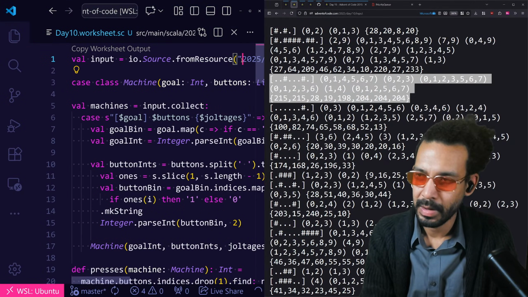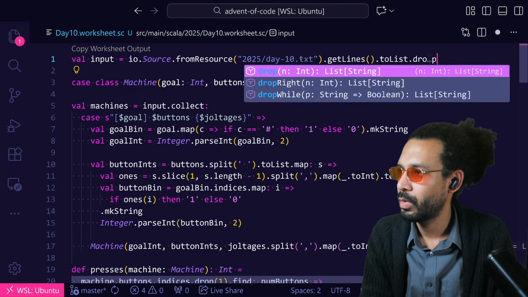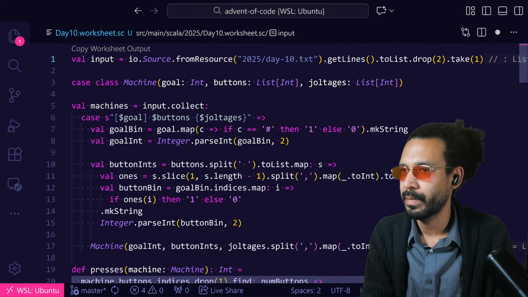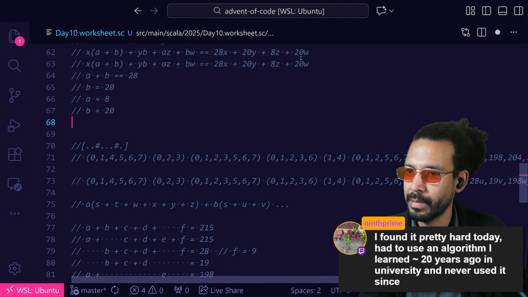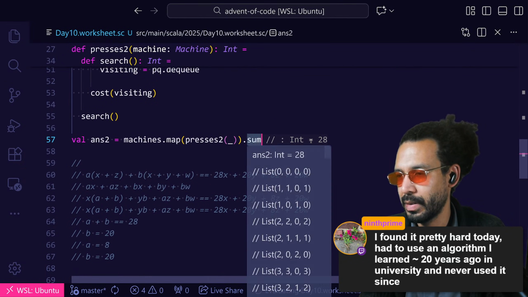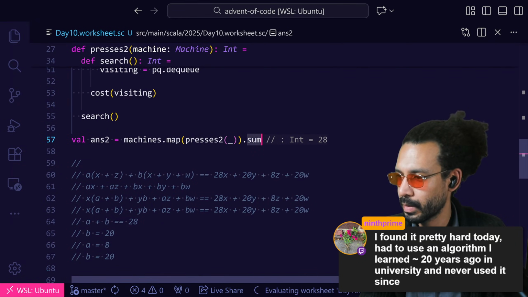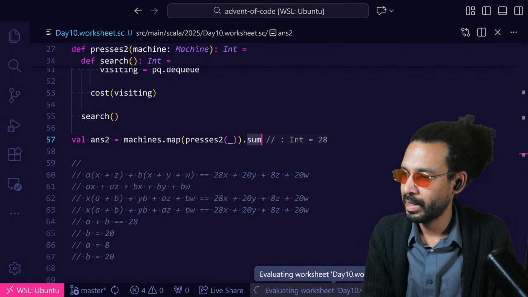Whoops. So we're gonna drop to list dot drop 2 dot take 1. And the answer here, oh, I thought it'd be fast for that. We're only solving one line.